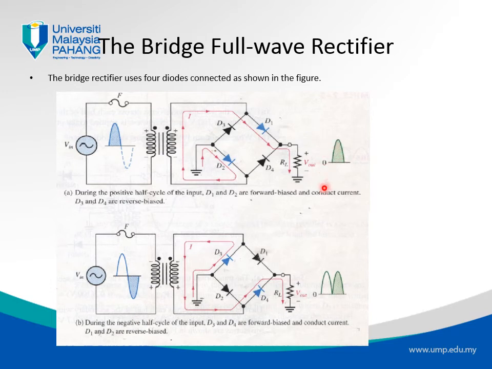The second time, when the input waveform is on the negative side, instead of D1 and D2, we now have D3 and D4, because the current goes in the opposite direction, and it is D3 and D4 that allow the current to go into the load resistor. This produces the other part, inverting the negative part of the waveform into the positive part, giving us these two waveforms, therefore increasing the frequency to double the initial frequency of the input signal.